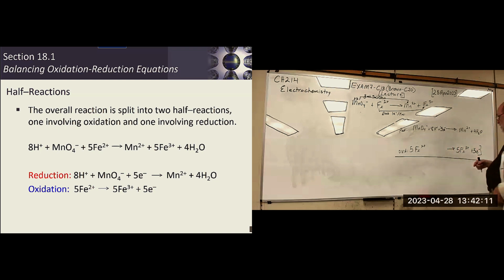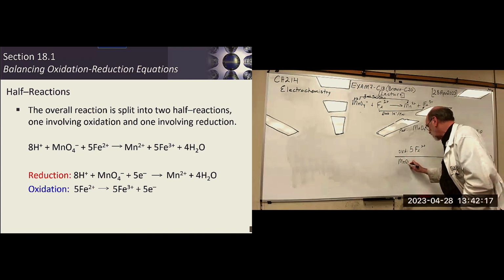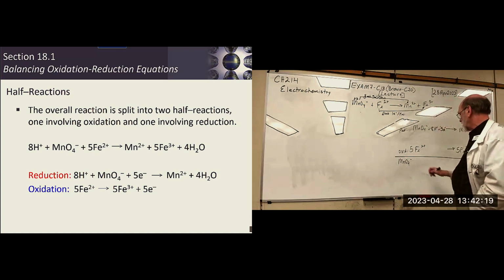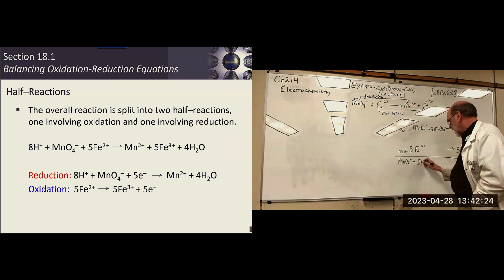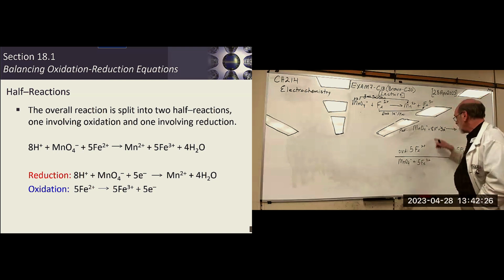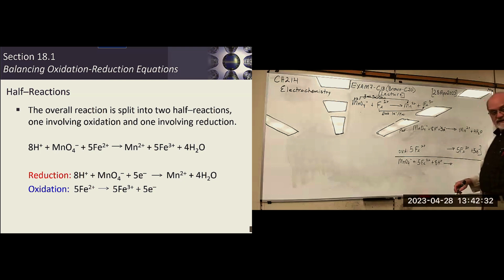They cancel one another. And now we have MnO4 minus plus 5Fe2+ plus 8 hydrogens, actually 8 protons.